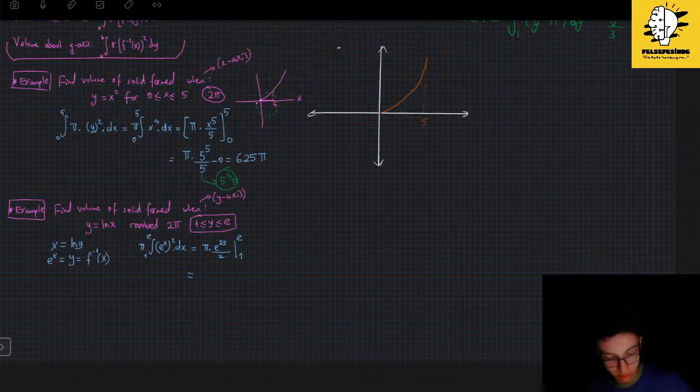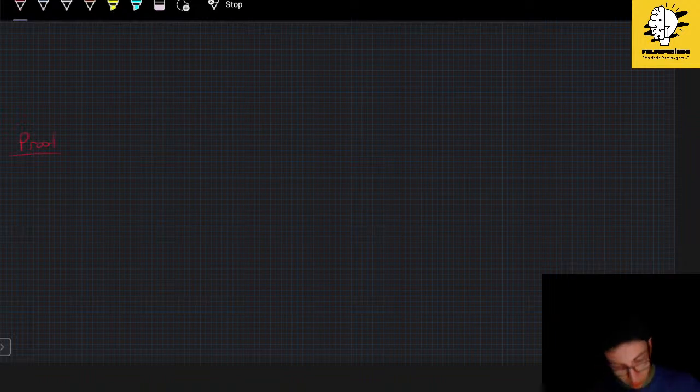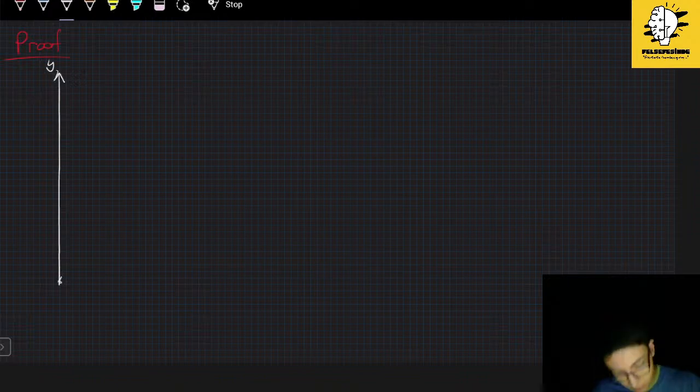Until it comes, we are going to solve this question. So I will just write proof over here. How do we reach this answer? Let's imagine that we have a curve like this. This is our y-axis, and I will just draw our x-axis like this.